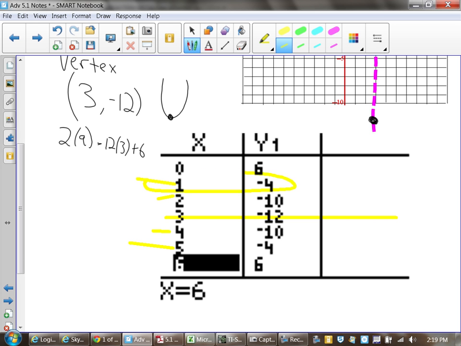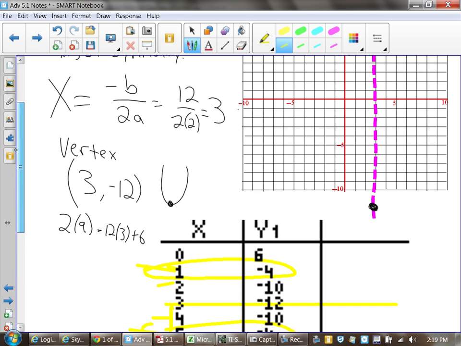These are showing you sets of symmetric twins. 1 and 5 have the same y value, -4. They're telling you the ordered pairs being created. It's just an easy way to get symmetric twins.